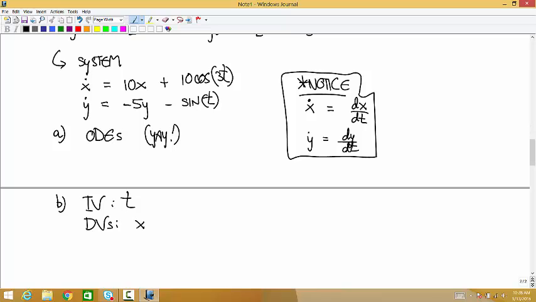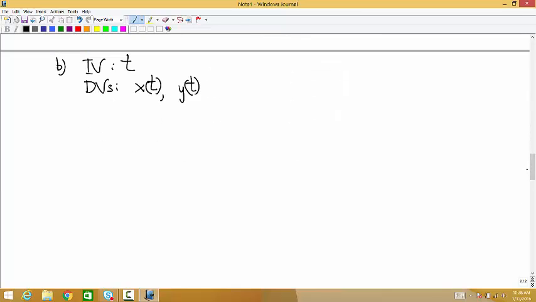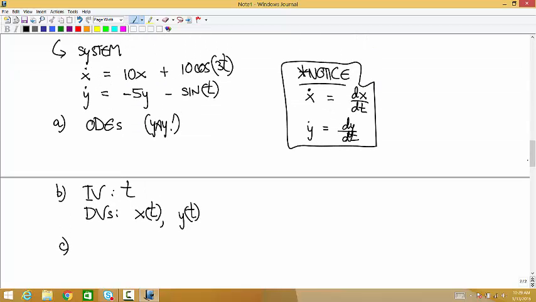Yep, so we're looking for the functions x of t and y of t. We want to solve for those two. What about the order? Yep, so this is a system of two first order ODEs.